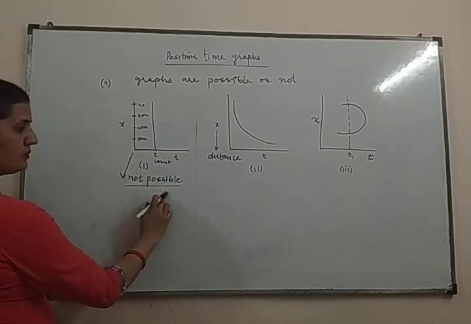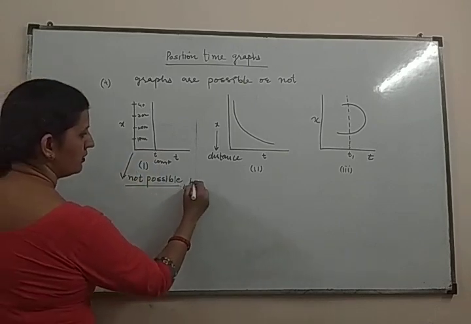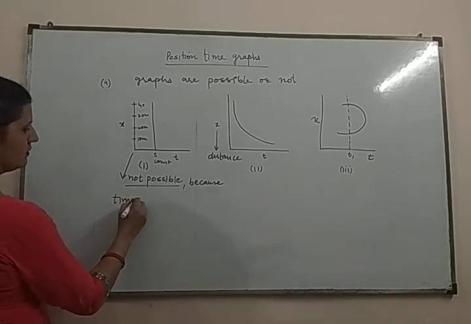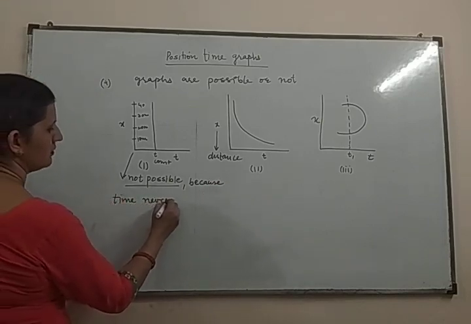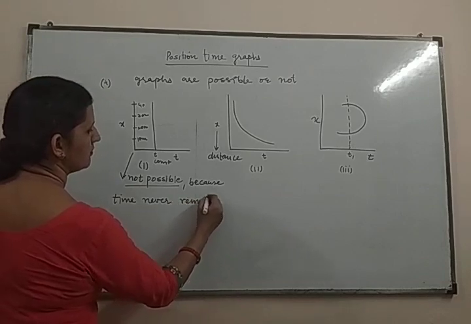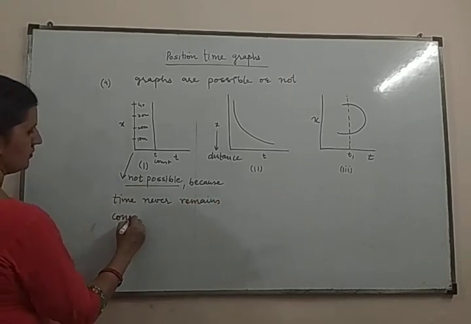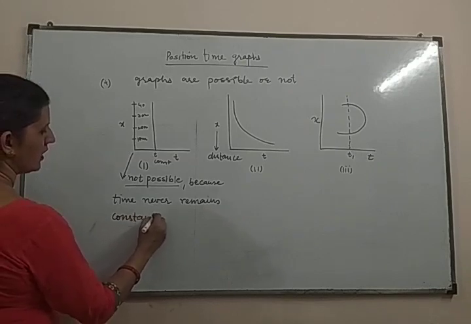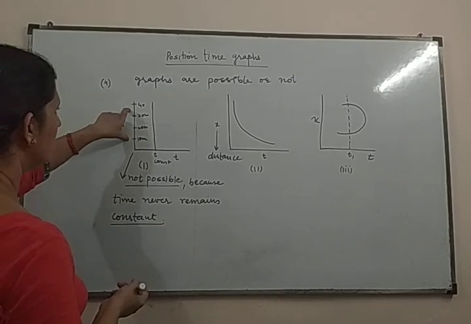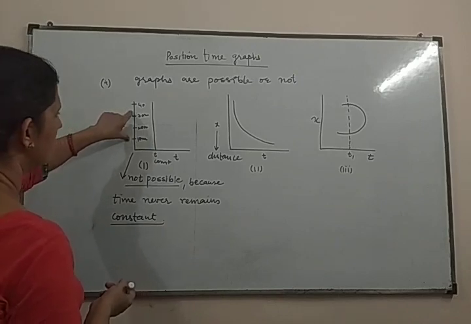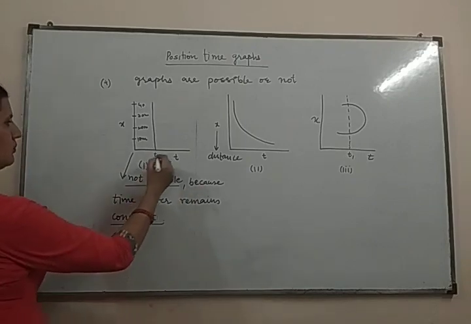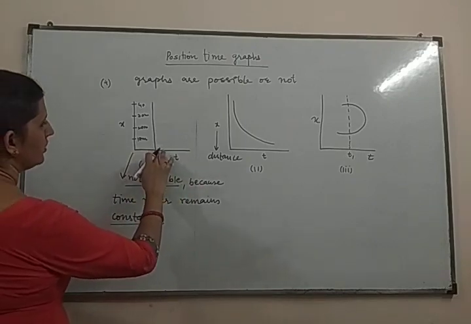This is not possible. Why is this not possible? Because time never remains constant. Time is always changing. The object may remain at a constant position, but time is always moving on.